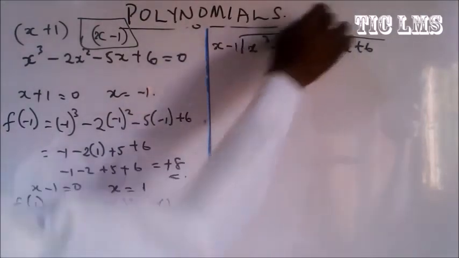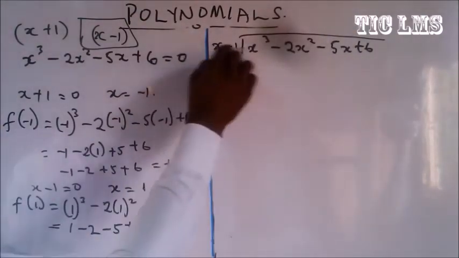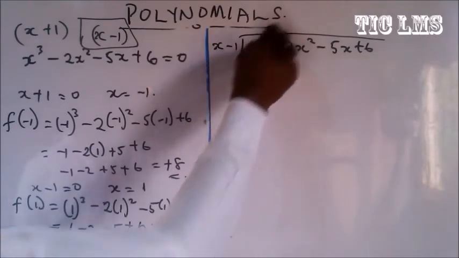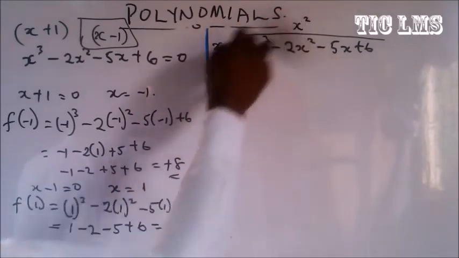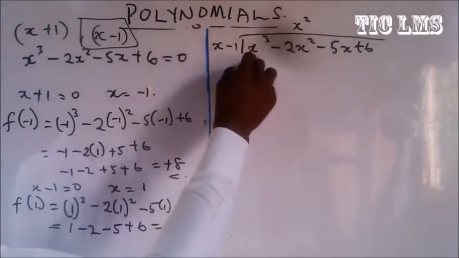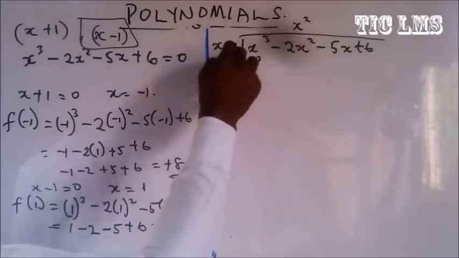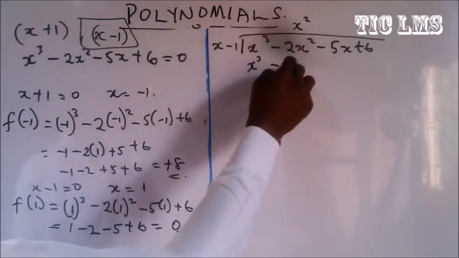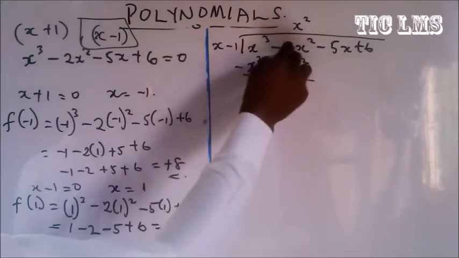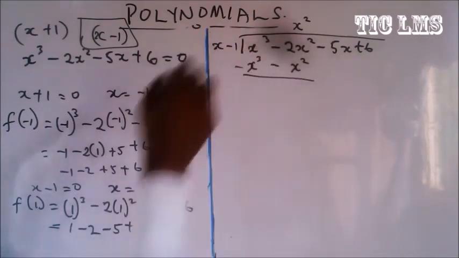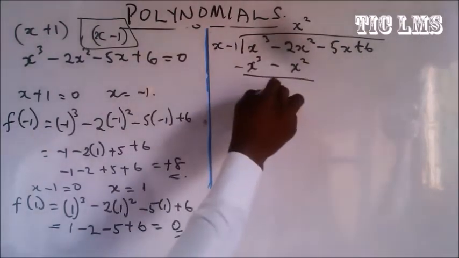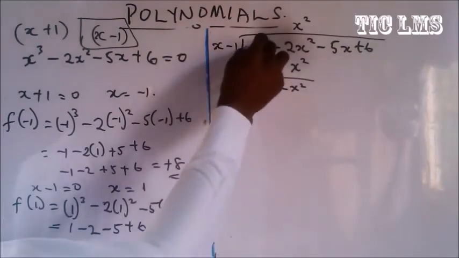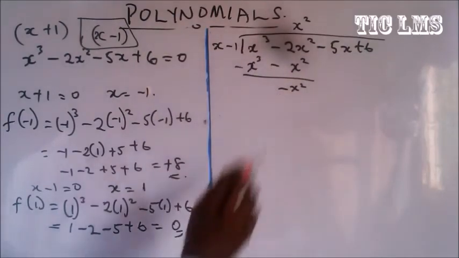We want to determine the quotient. X into x raised to 3 gives x squared. X squared times x is x raised to 3. And then x squared times minus 1 is minus x squared. Minus 2x squared minus x squared leaves us with minus x squared. And then x cubed minus x cubed is 0.